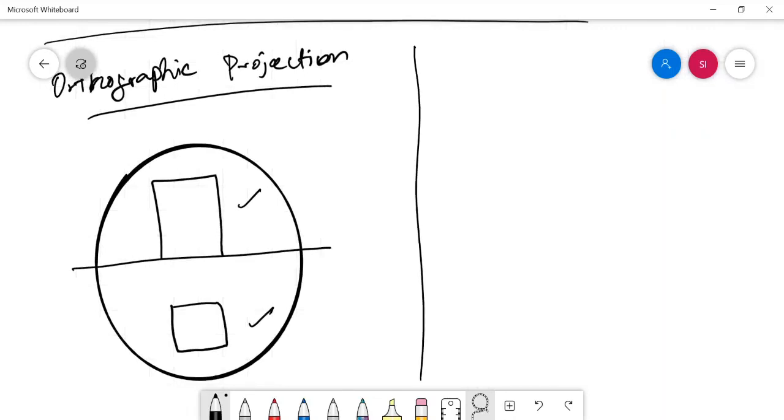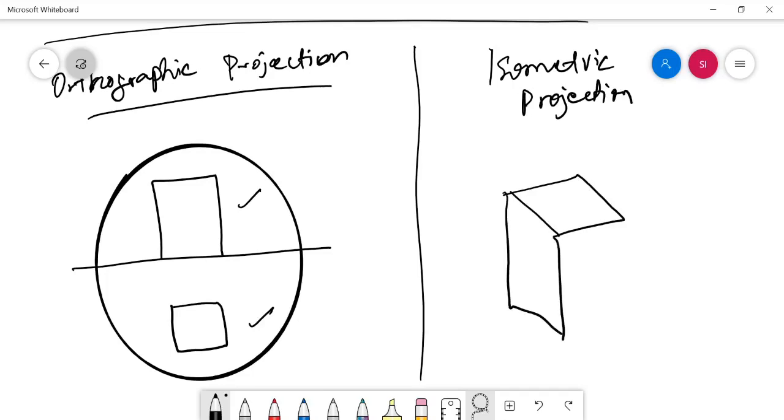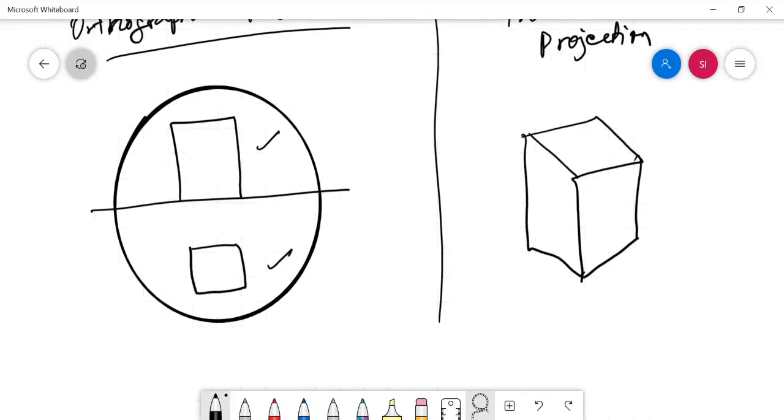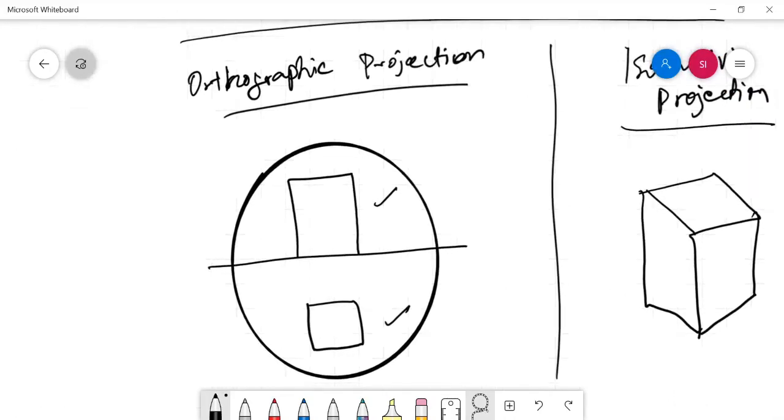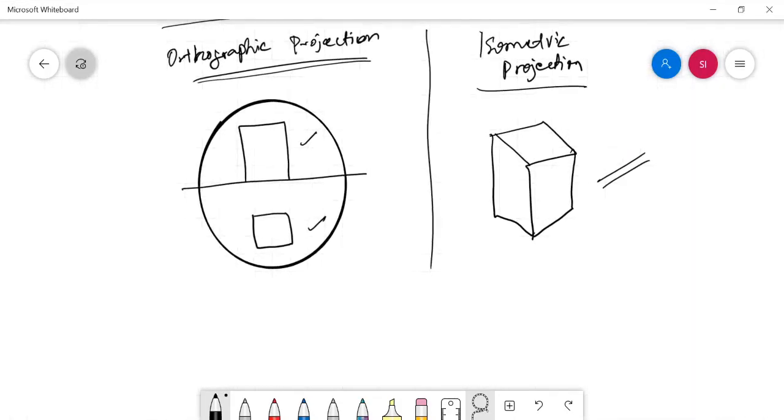In the case of isometric projection, the square prism can be drawn like that. So in this single view, we express the object, the square prism. It's a single view methodology, but in the case of orthographic projection, we need multiple views. The advantage of isometric projection over orthographic projection is that the object can be easily understood by persons who do not have much graphical knowledge.